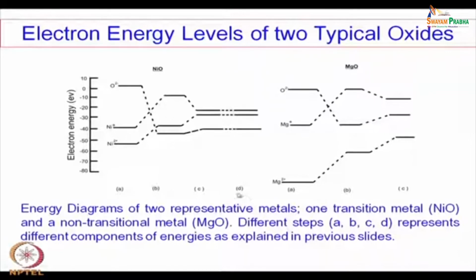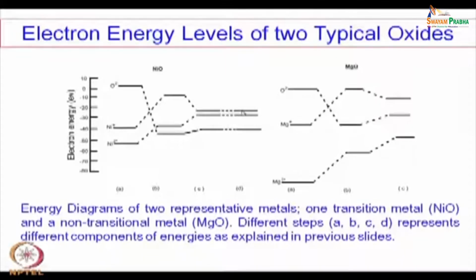Of course, as I mentioned, there is an additional term, the fourth step, but the change of energy is very insignificant. This fourth step is not there in MgO, the insulating or non-transition metal oxides.